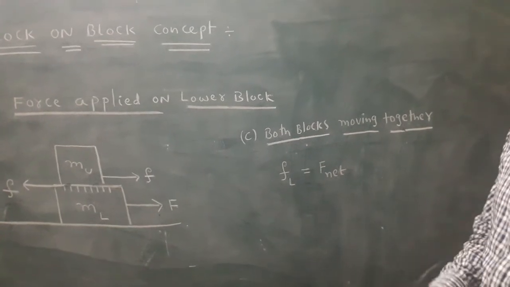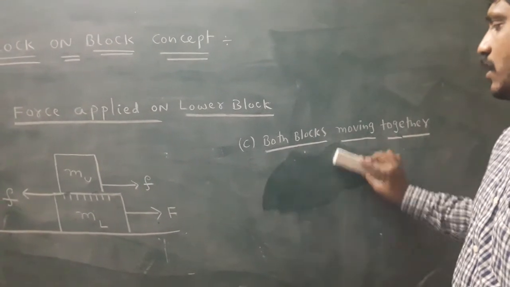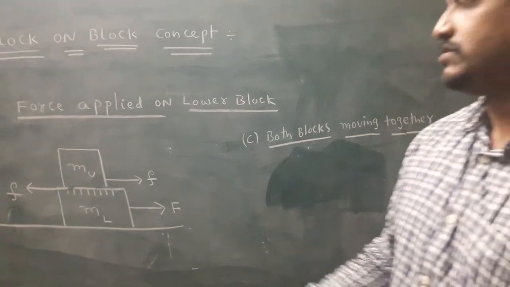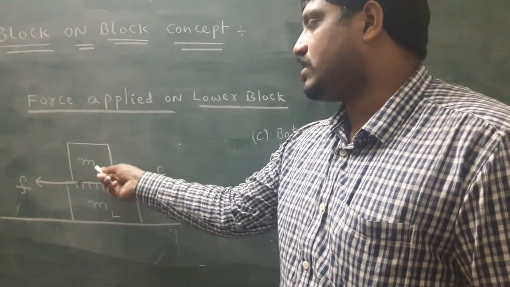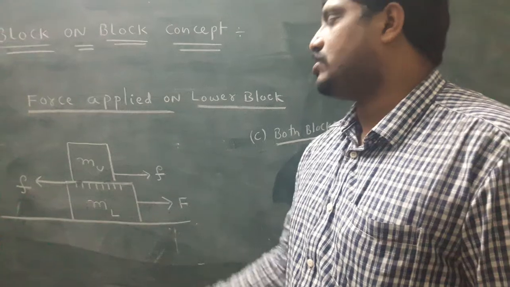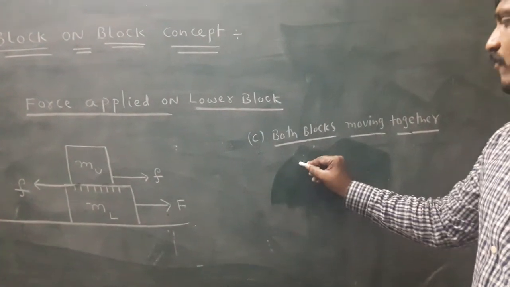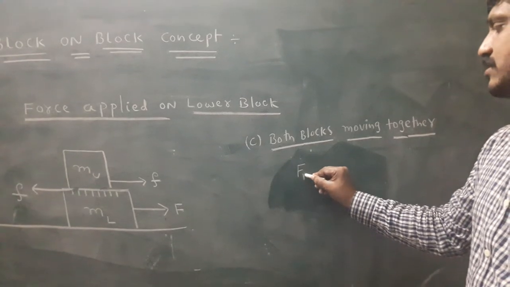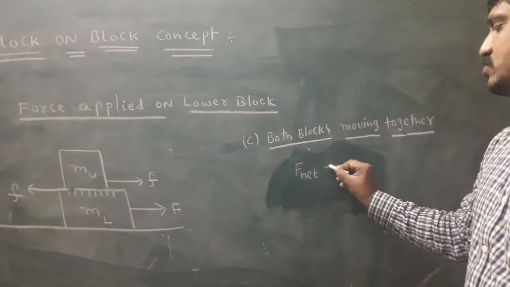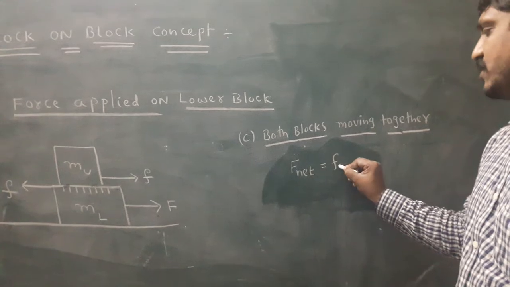Once again I repeat, both the blocks move together, so both blocks have a common acceleration. This friction provides the common acceleration. The friction is called limiting friction.